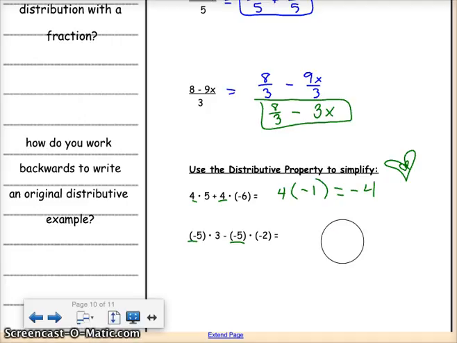No, this is not an addition one. This is a mental math one. This would be negative 5 times 2 is negative 10. So I have negative 15 times 10, negative 150. That's not even applying the distributive property. I don't know why I wrote that one down. It's not even really applying. That's applying our mental math, the commutative property. That's what that was applying.